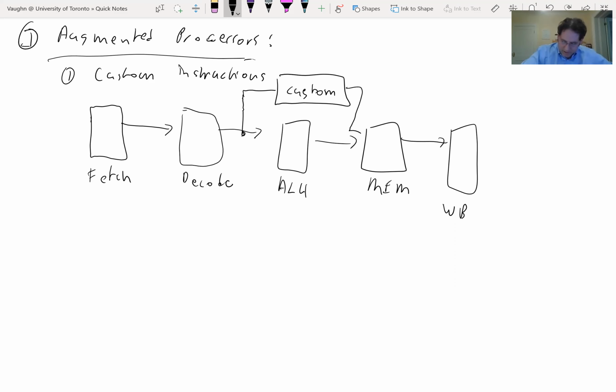It goes to some special hardware you built and does whatever that hardware was designed to do, and then goes back into the pipeline, here into the memory stage. So what's this useful for? It's useful for basically fine-grained operations.